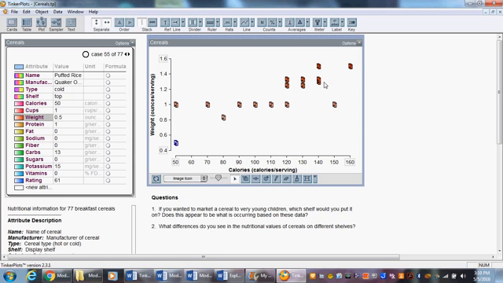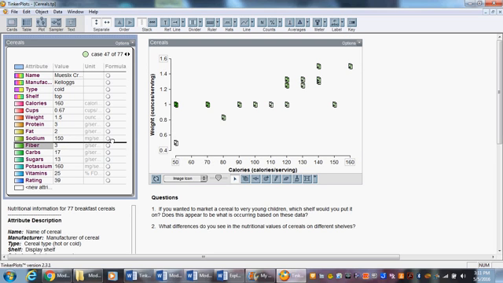Whereas if it's a high calorie cereal, probably you're going to be eating more cereal per serving. So we can see somewhat of a relationship here with this one, more so than we did with the sodium and calories.